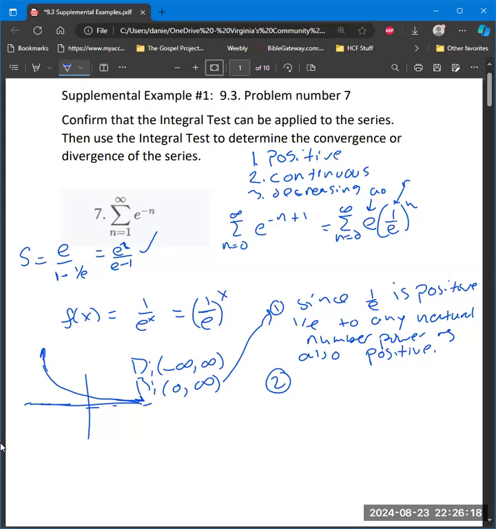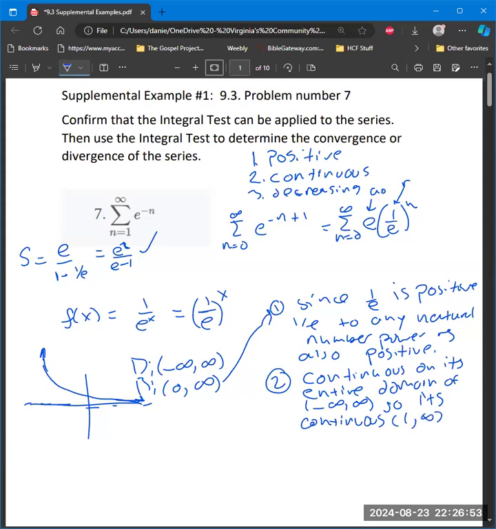Part 2, it's continuous. The function has a domain of negative infinity to infinity and is continuous on its entire domain, so it's continuous on the interval of interest from 1 to infinity.